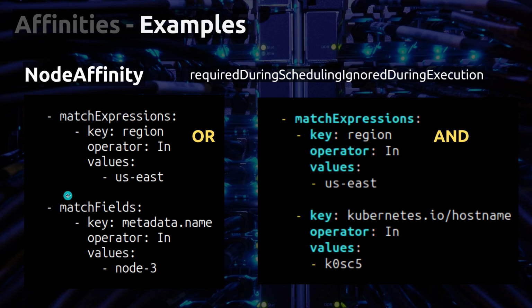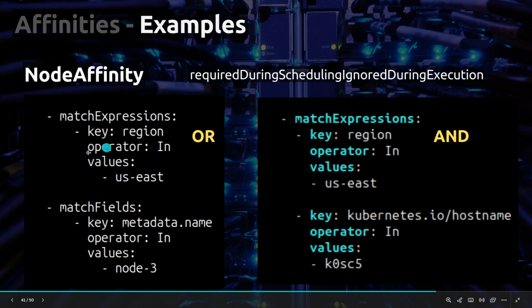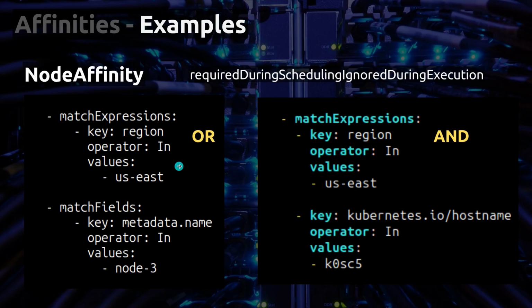We can imagine here it's not match field but match expressions as well. So you can have multiple match expressions with, for example, only one key in each, and in this case that will be considered by the scheduler as an OR. That means that only one condition needs to be checked.